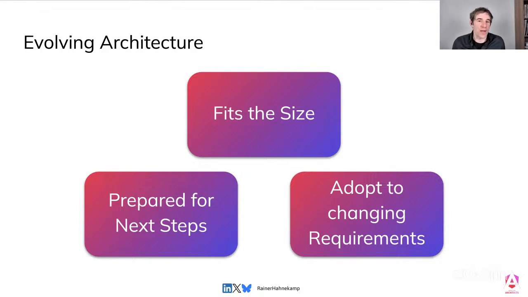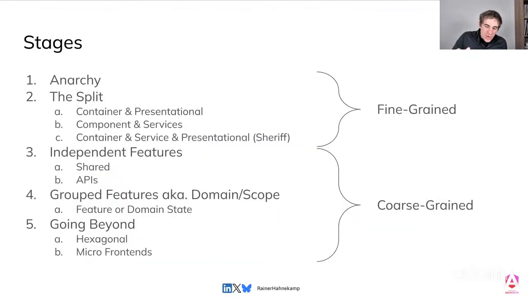So we also want to be a little bit flexible when those requirements change. These are the requirements for an evolving architecture. The architecture that I'm going to explain comes a lot from my personal experience, but also from what we show in our Angular architecture workshops.